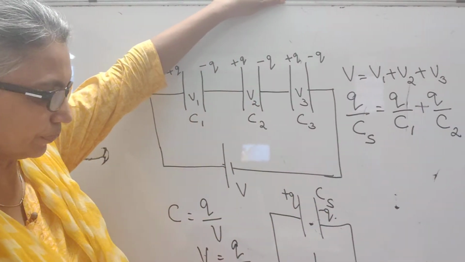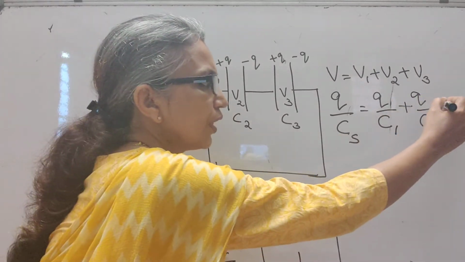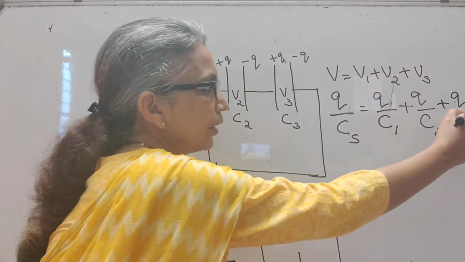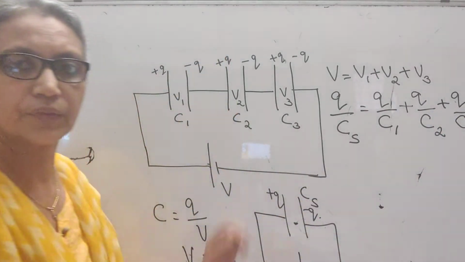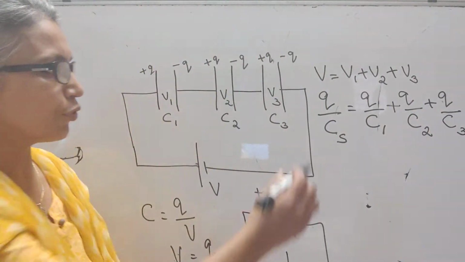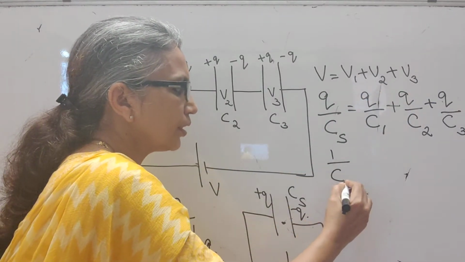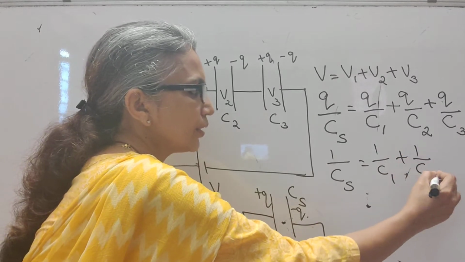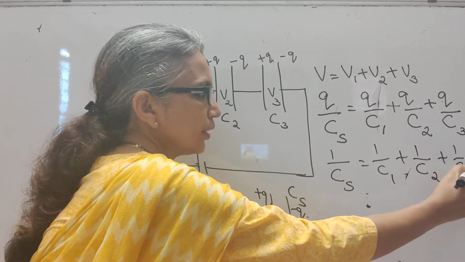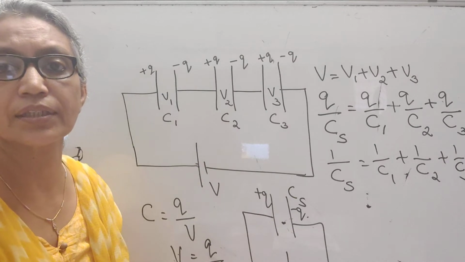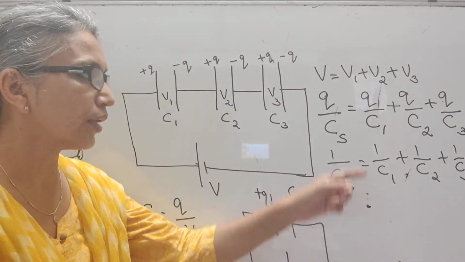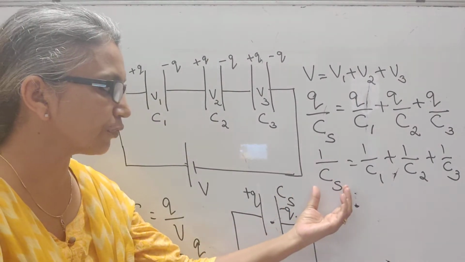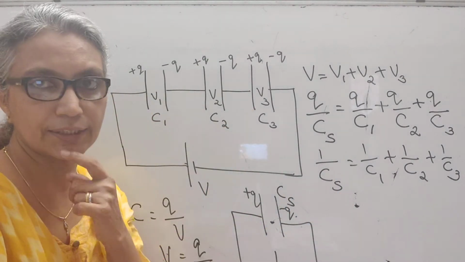And for the third one, also we have the same charge because C3 is also in series, divided by its capacitance C3. So then, if you cancel Q, we have 1 by CS equal to 1 by C1 plus 1 by C2 plus 1 by C3. So this is the effective capacitance of all the three in series.